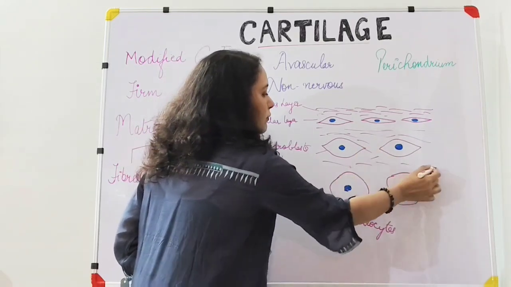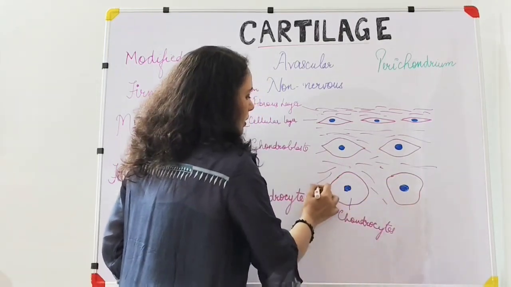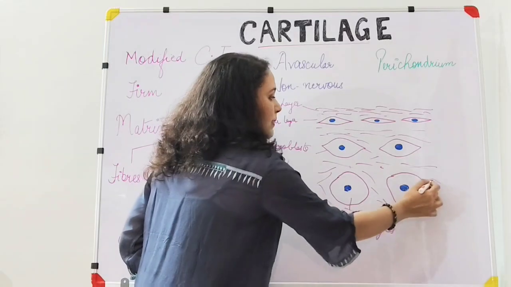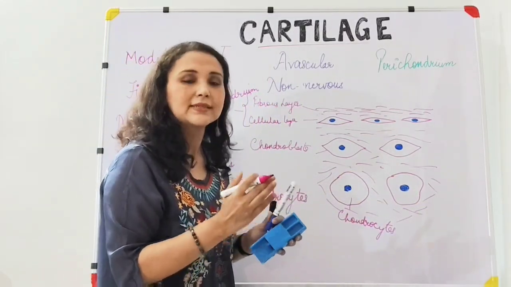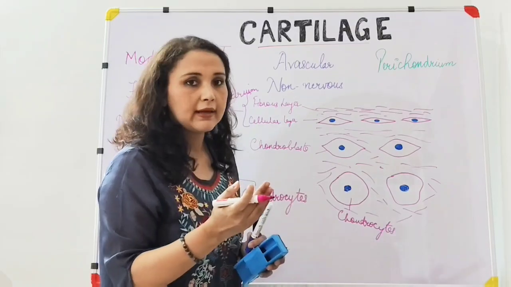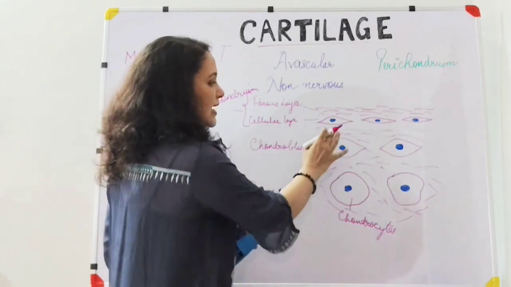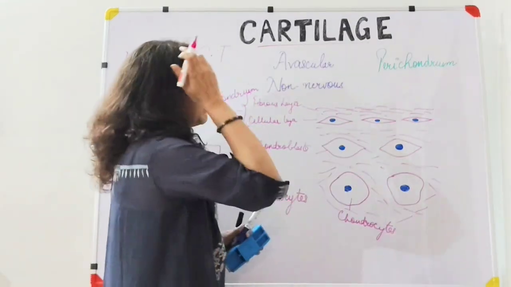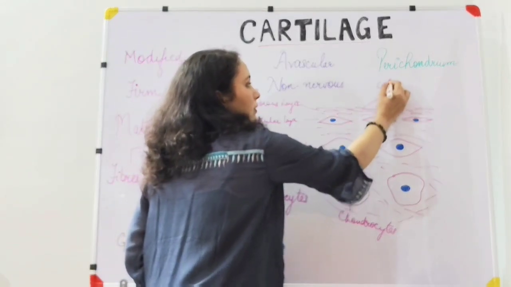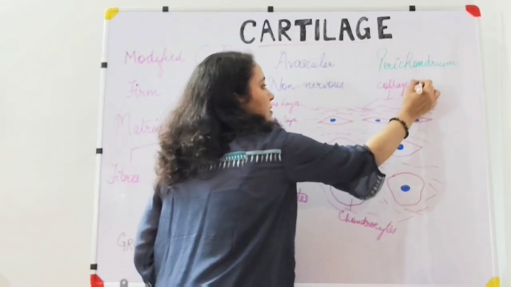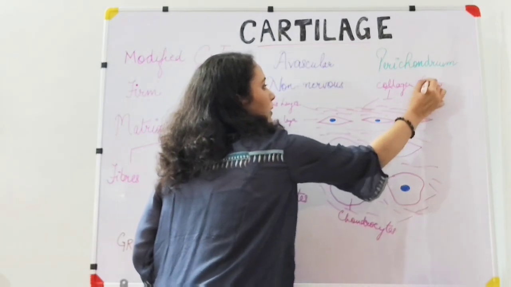Depending upon the type of cartilage, there can be collagen fibers type 1, type 2, both type 1 and type 2, or in elastic cartilage, elastic fibers. That will be dealt with in another video. And besides this, there are cells. In the perichondrium, it is always collagen fibers type 1.